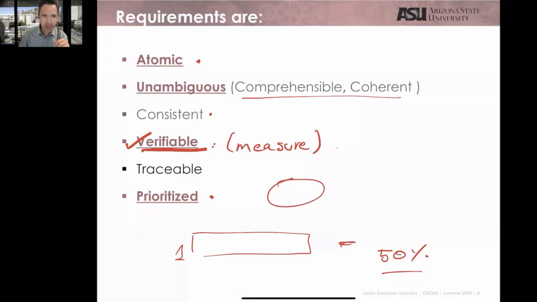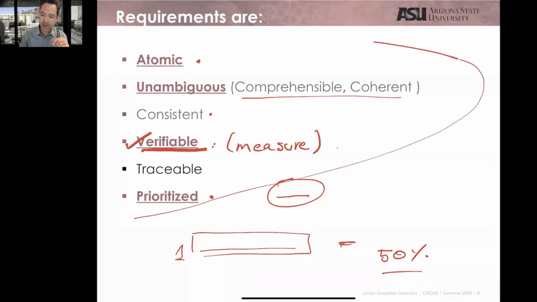If you read what you have inside of the oval, or you read your user story, they should have all these characteristics. They should be atomic, unambiguous, consistent. They should be able to be verified or measured to see if they are complete. And well, this is something that we're going to do later.